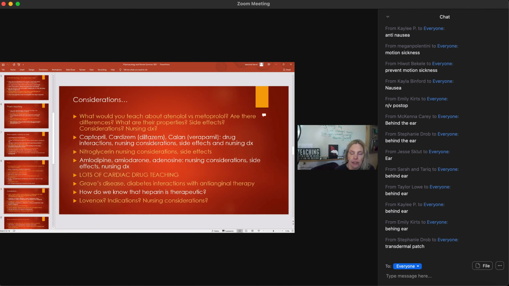So the differences between classes, right? Differences between types, side effects, considerations, possible nursing diagnosis, that kind of stuff on there.